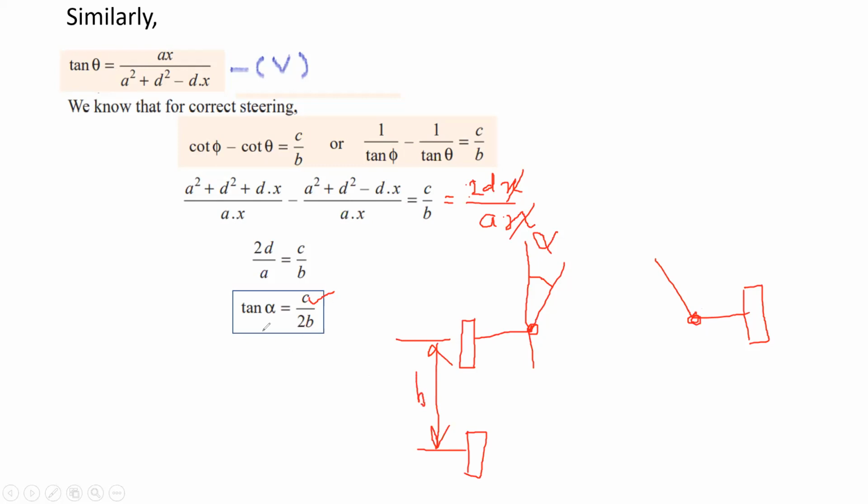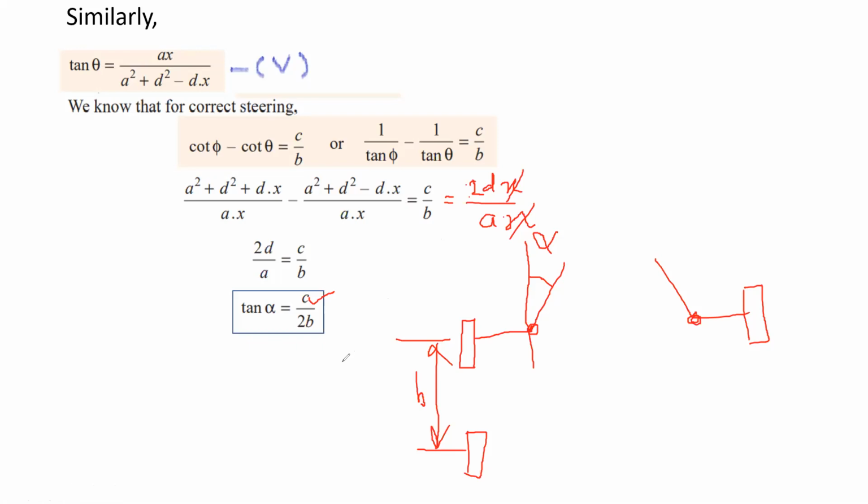So if you satisfy this condition and properly calculate this angle of inclination, then the Davis gear mechanism will satisfy the condition of correct steering at all turning angles. But the disadvantage is that it has too many sliding members, sliding parts, and in sliding motion friction is higher.